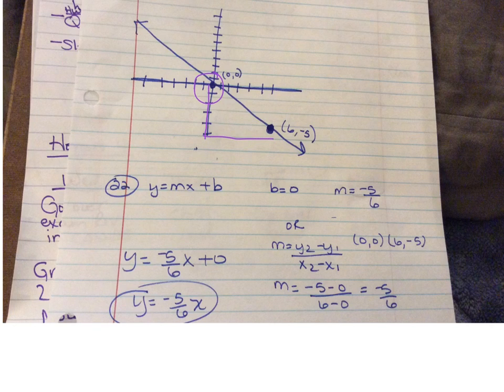So that slope is -5/6, rise over run. Or I could use the two points (0, 0) and (6, -5), and use the slope formula. -5 minus 0 over 6 minus 0 is also -5/6. So either way, I plugged in my y-intercept of 0 and my slope -5/6, and I get y equals -5/6x plus 0. I don't need to write the 0, so my final answer is just y equals -5/6x.